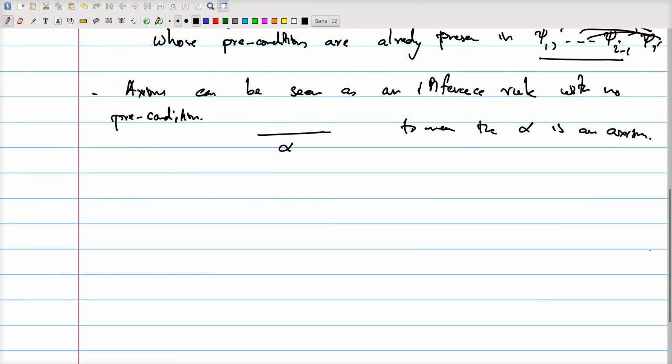Before we go into a particular proof system, let's talk about some things. Let P be a proof system. Then we have this notation.